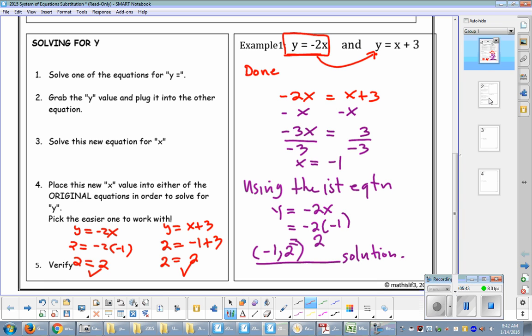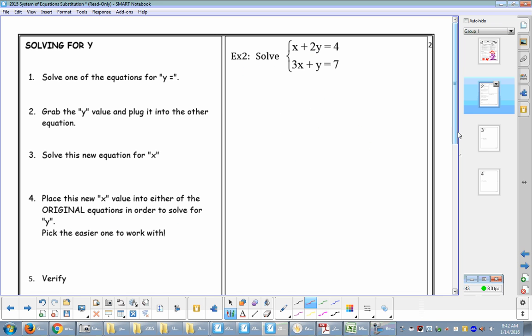All right, so let's have example number 2. In this case, let us solve for y. You have to choose one equation here and decide which equation you want to solve for y.